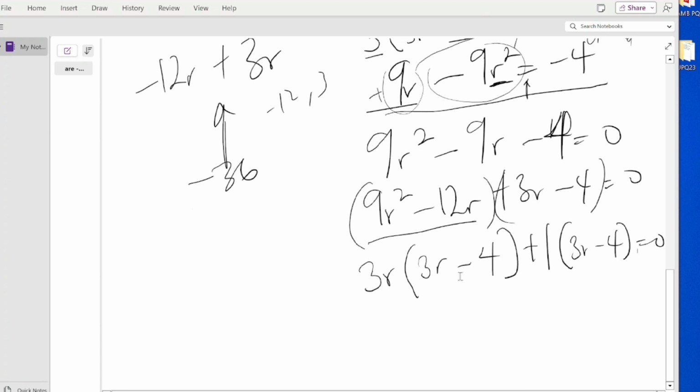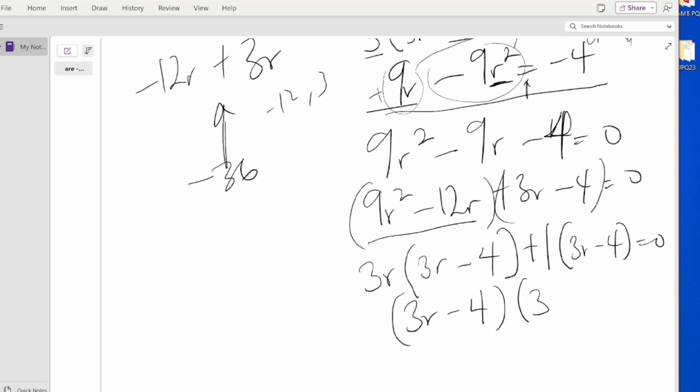Since these two brackets are identical, that means we're on the right path. We pick one of the two identical brackets, 3R minus 4, and then the other bracket is 3R plus 1, taking the 3R here and the 1 outside. Equals 0.